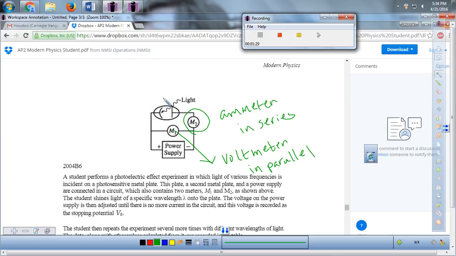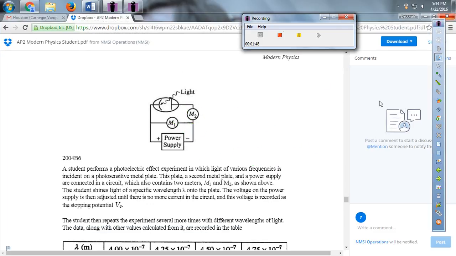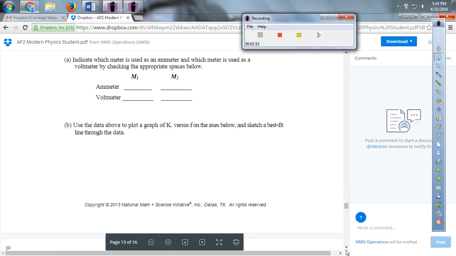Then it says use the data above to plot a graph of K versus F on the axis below and sketch a best fit line through the data. So let's see if I can do something like that for you. Not real sure, but I'm certainly going to try.